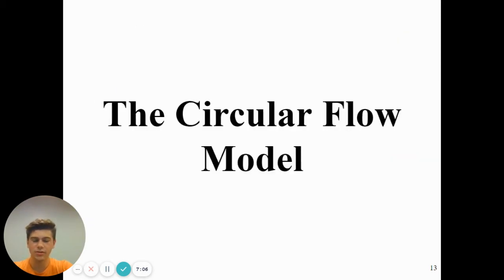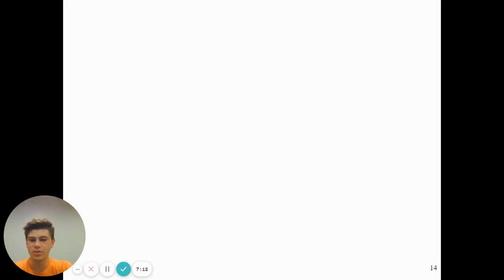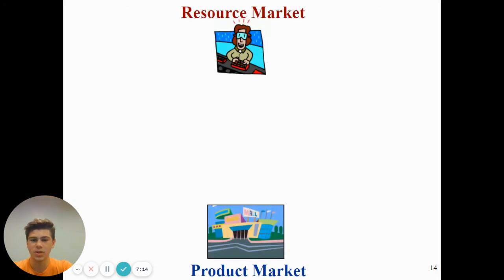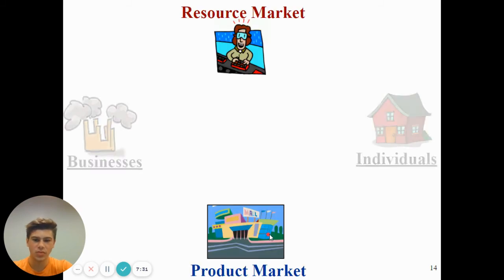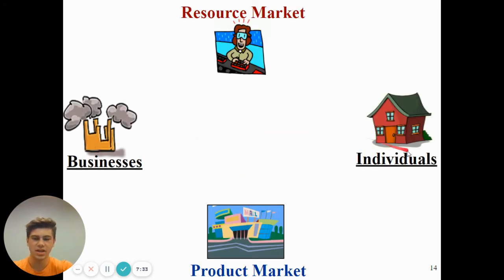All right, the circular flow model. It's kind of a complex model, but once you break it down, it'll make a little bit more sense, and that's what we've done here. It's broken down. So we start with the resource market and the product market. Resource up here, product down here. There are two different markets where things are sold. You either are selling resources in the resource market, or you're selling products, like goods and services, in the product market. And we have businesses and individuals.